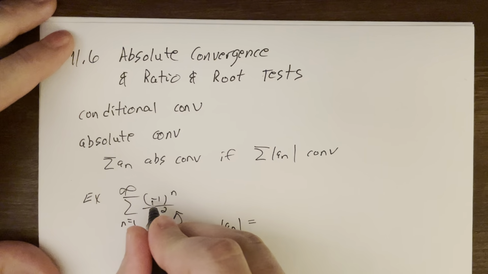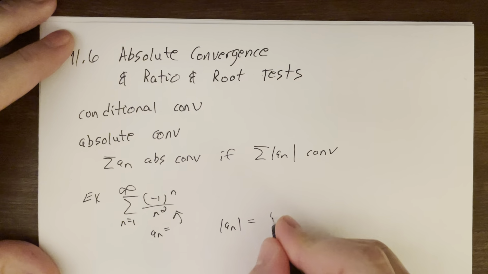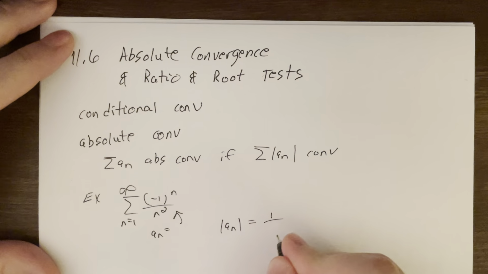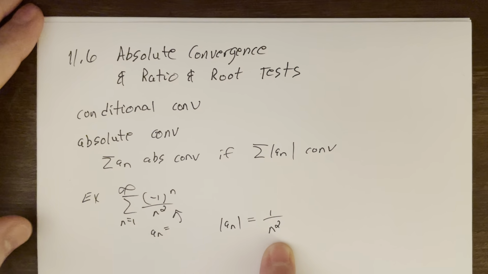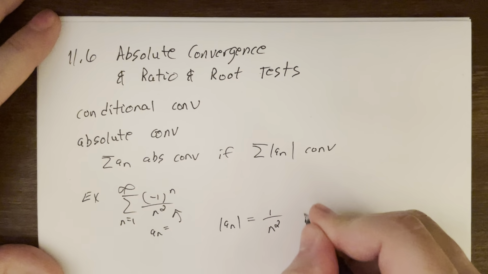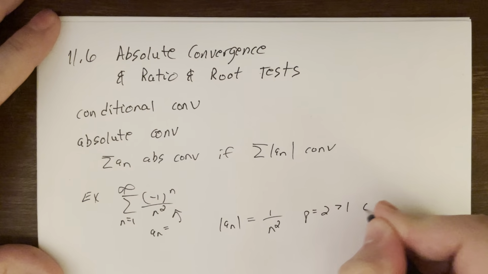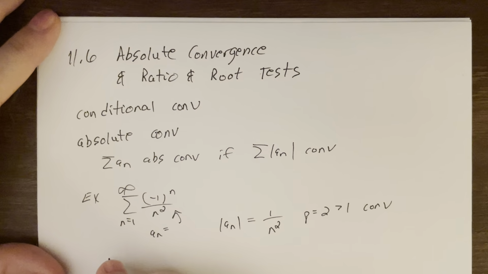So that -1 to the n power would just become +1 to the n power, and 1 to the n power is always just 1. So this would become 1 over n squared. Looking at this as a series, we would already know, well, that's a p-series, and specifically a convergent p-series.